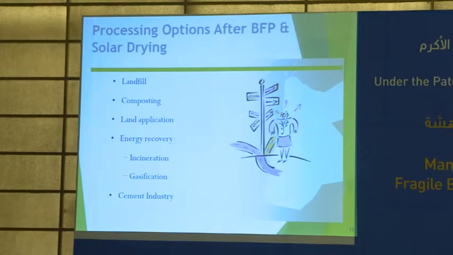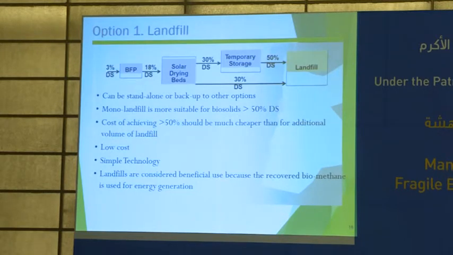Up to date, the main technologies for final disposal or final use of the sludge are landfills, composting, land application, energy recovery, or the cement industry. This is the case that we did in AsSamra Wastewater Treatment Plant. I just have 2 minutes.